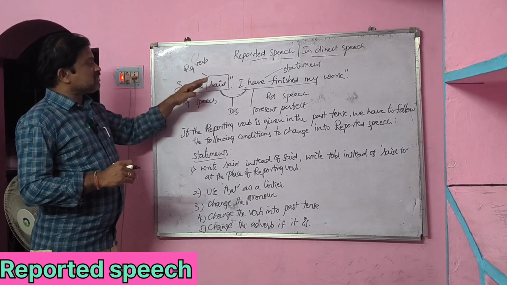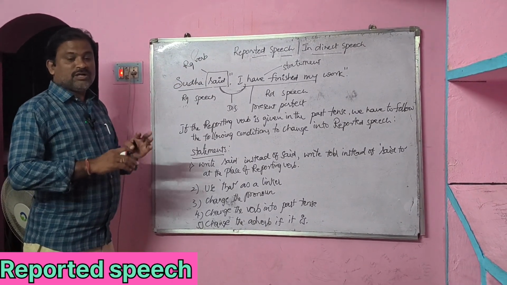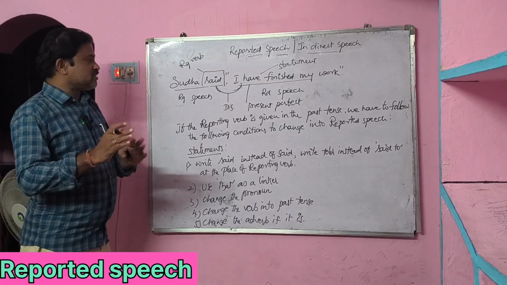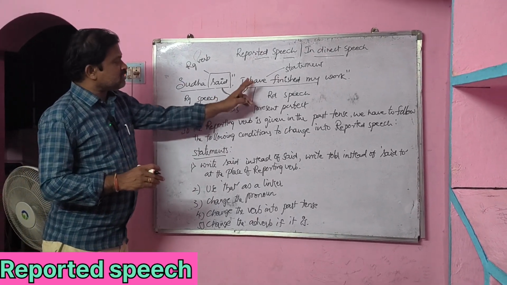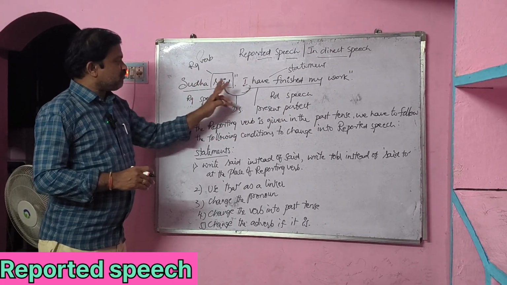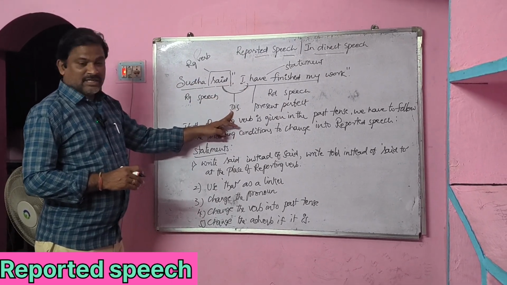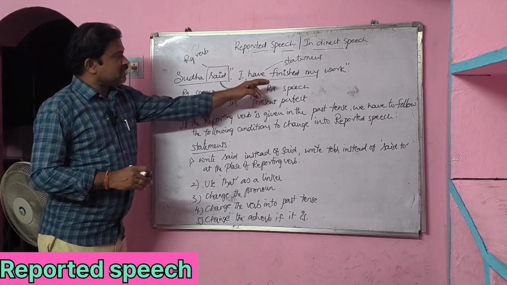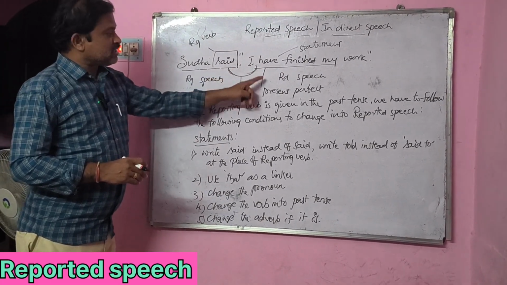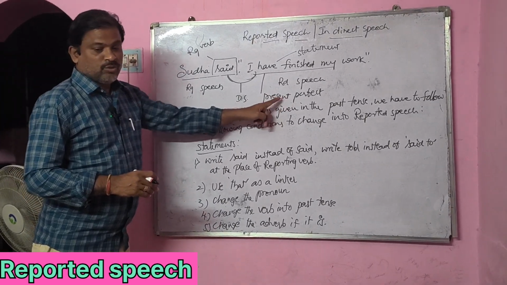If the reporting verb is given in the present or the future, we have to use different conditions. Again, next, to see the right side: I have finished my work. The left and right sides, these two parts together, are called direct speech. And if you observe what is there in the inverted commas and the type of tense, this is present perfect tense. How do you know that?